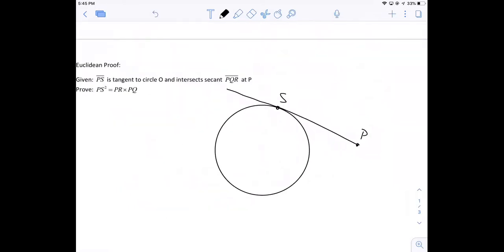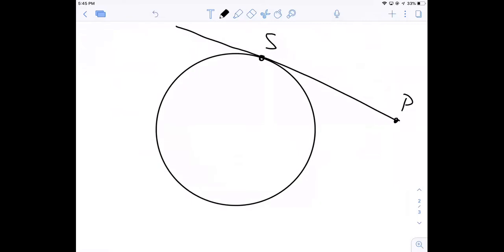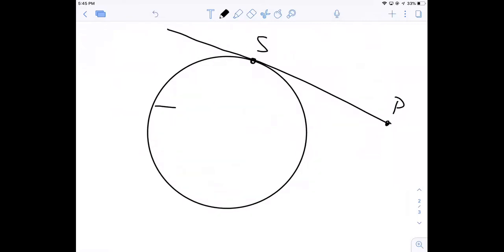That's tangent PS, and it intersects secant PQR at P. So let me draw in a secant. Let's say this guy is our secant, and that's going to be PQR.